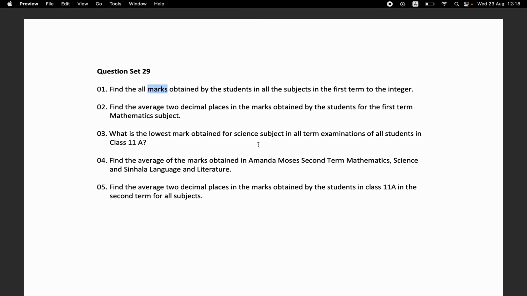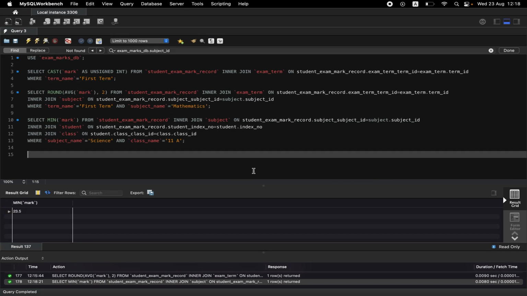The next question is, find the average of the marks obtained in Amanda Moses's second term examination: second term mathematics, science and Sinhala language and literature. So we have to find the average. So to get the average, select mark from student exam mark record table, inner join.